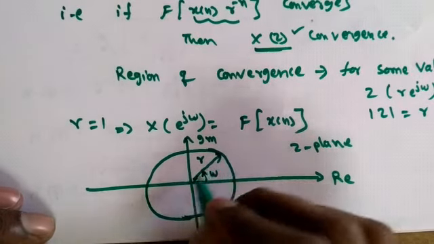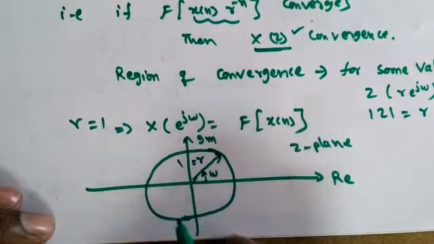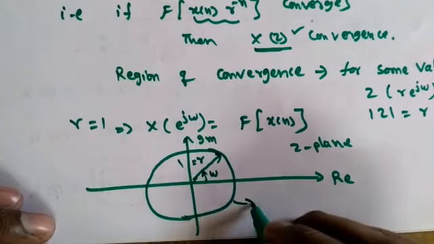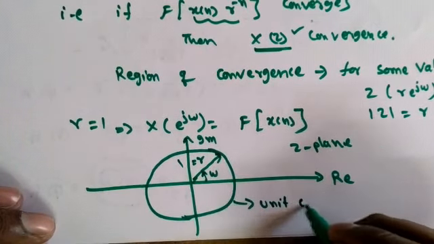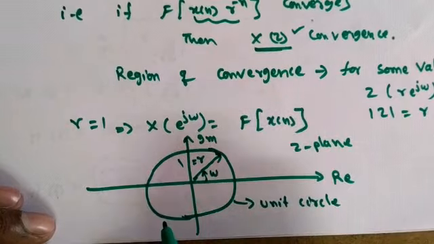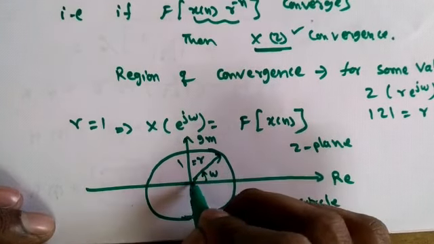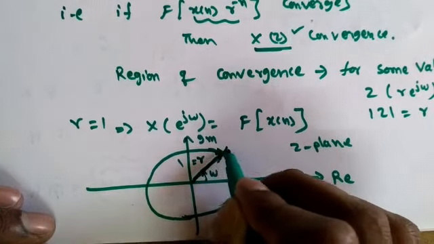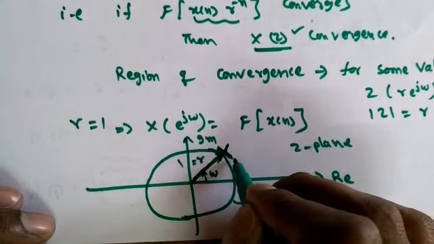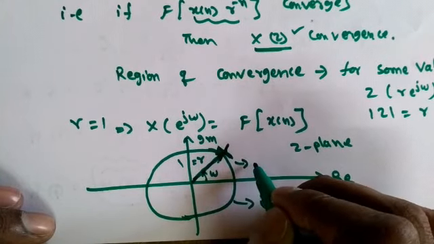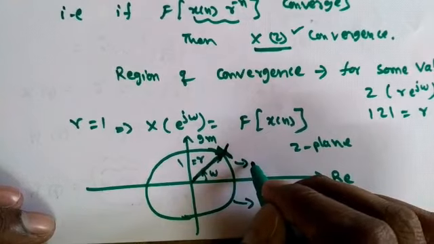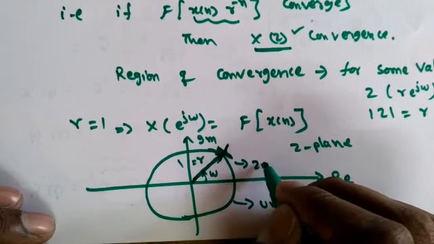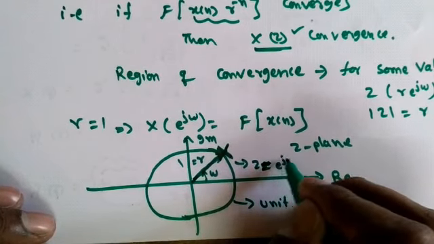Now when r is equal to 1, this will be called the unit circle. So when r is equal to 1, at this point it becomes the discrete time Fourier transform. What is this value? Z is equal to e power j omega.